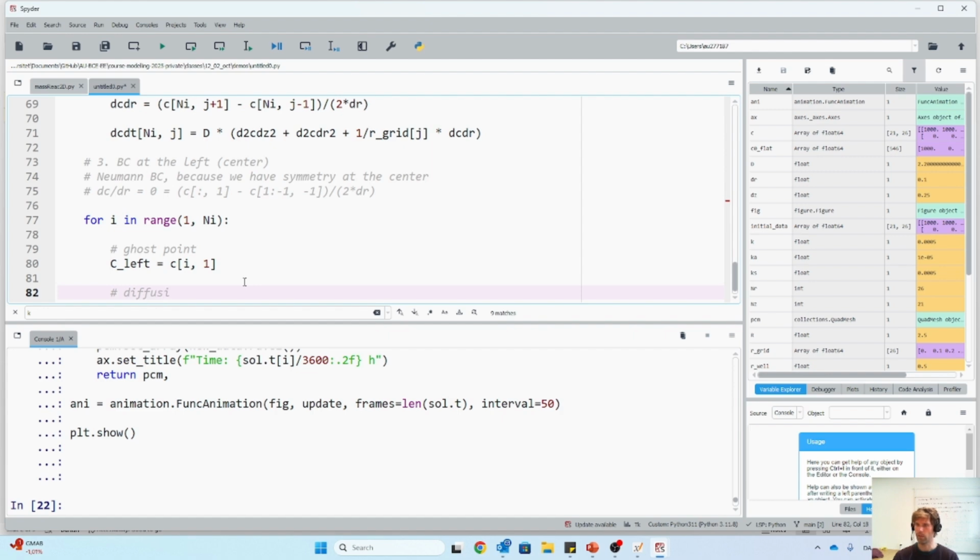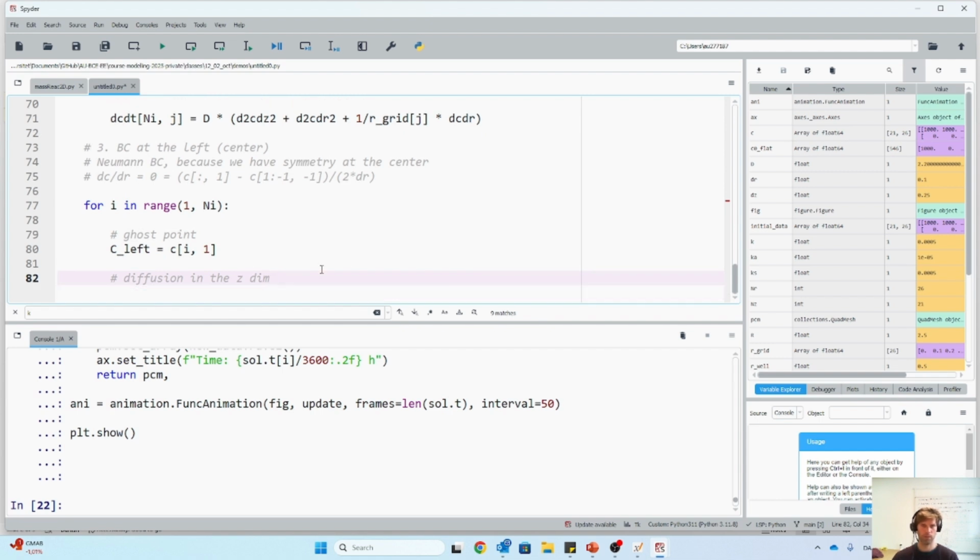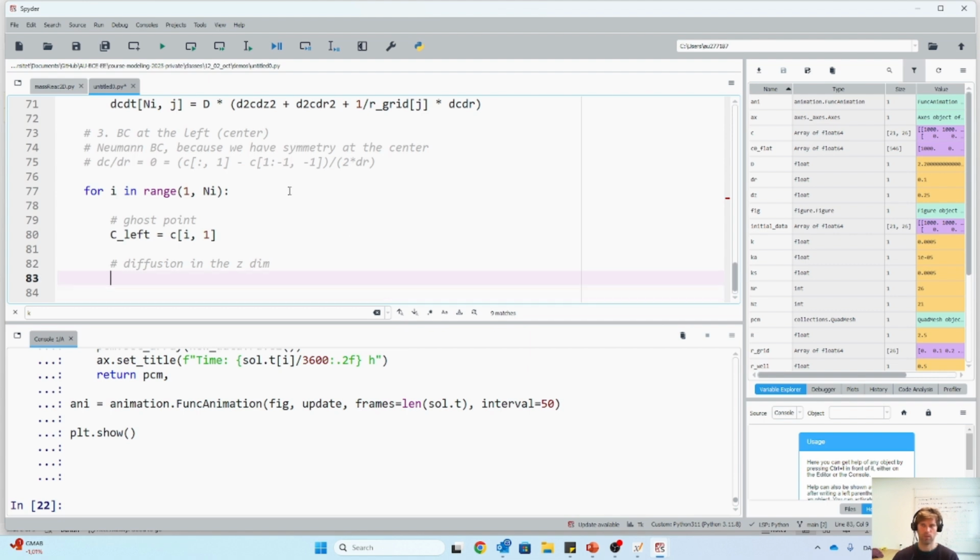Then for the diffusion in the Z dimension, well, nothing special happens here except normal diffusion. So that is just a discretized form, and I will put that in directly here. So that is the discretized form of the second derivative, where we discretize across I here.